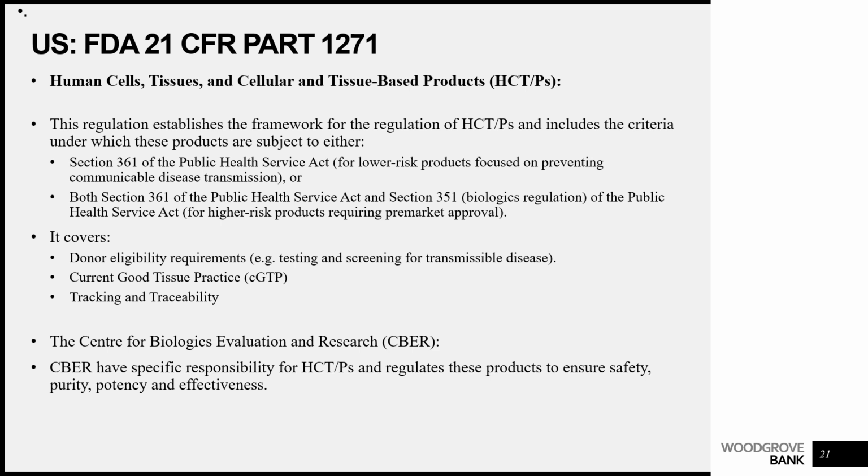It covers the same sorts of things, which is donor eligibility, current good tissue practice, and tracking and traceability. It's overseen by the Center for Biologics Evaluation and Research, that's CBER. They have a specific responsibility for human cells, tissues, and cellular and tissue-based products to ensure safety, purity, potency, and effectiveness.